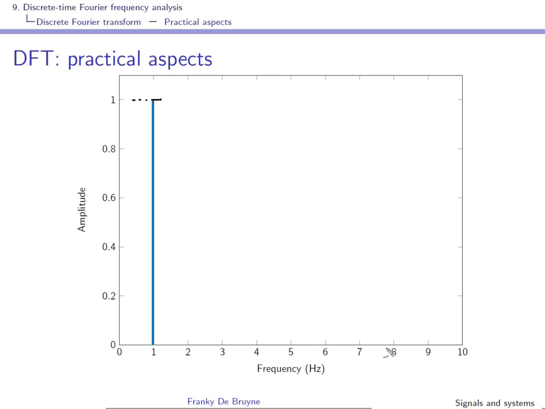Remember that we only see the interval 0 to 10, but with a sampling frequency of 100 Hertz, you can look at frequencies up to half the sampling frequency, so up to the Nyquist frequency. We have decided here to zoom in on this range.